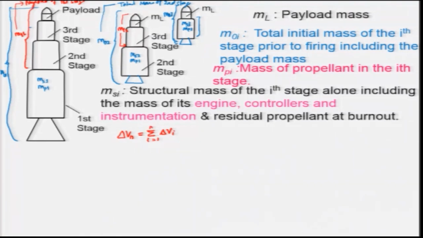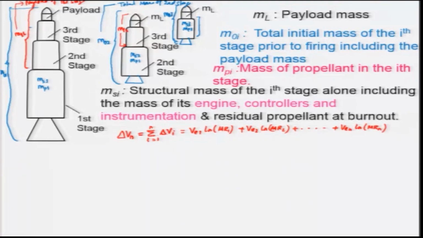So, we know, if we take only the scalar component of this velocity increment for simplicity, we will find this is VE1 ln mr1 plus VE2 ln mr2. It goes on till VEn ln mrn.